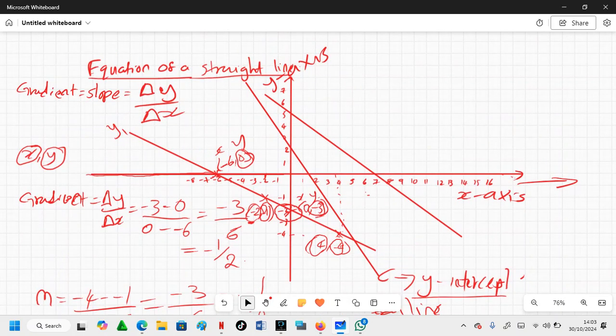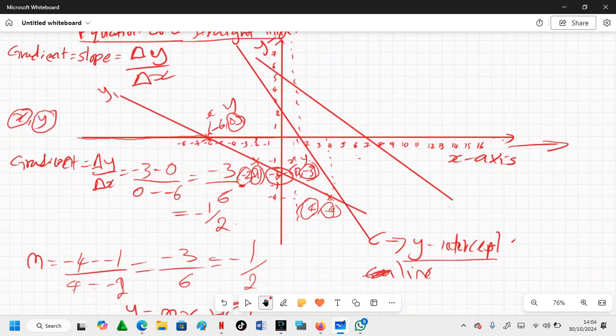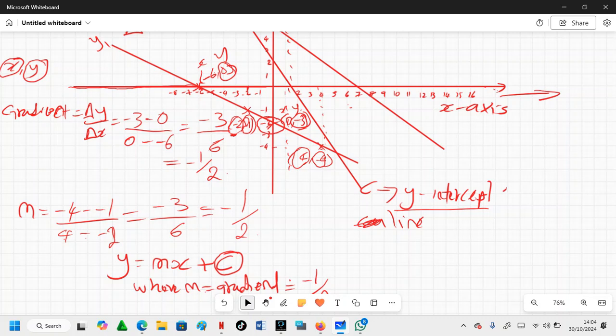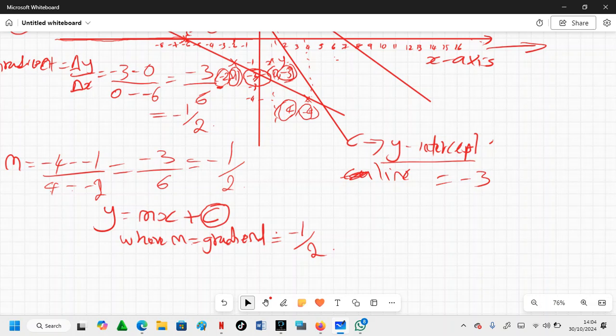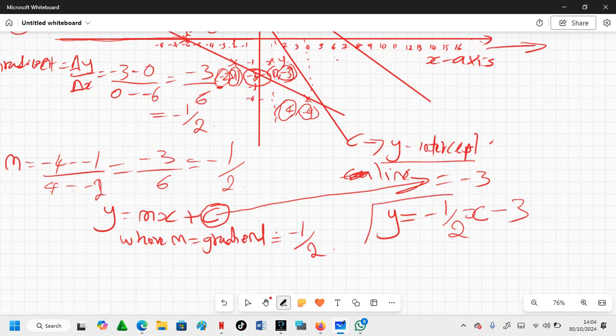Remember, the one running upward is the y-axis. So the y-intercept in this case is -3, and therefore the equation of that line is simply y is equal to the gradient, which is -1 over 2, times x plus c, and c is where the line touches the y-axis, and therefore it is -3. And that right there is the equation of our line.